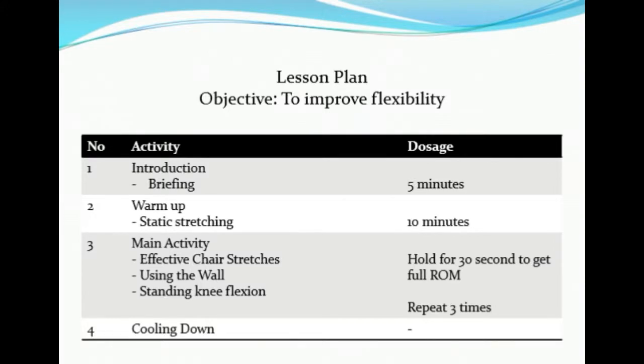For the main activity, which is effective chair stretches, using the wall, standing knee flexion. All the exercises are held for 30 seconds to get full range of motion and repeated 3 times. The cooling down is not included here because the whole day in this activity is focused on flexibility.